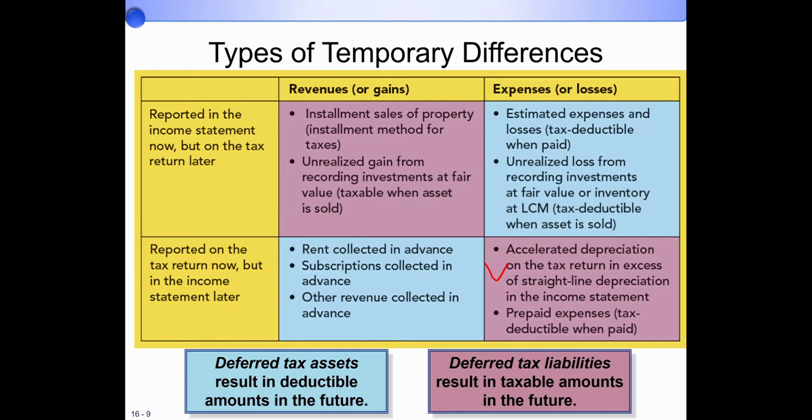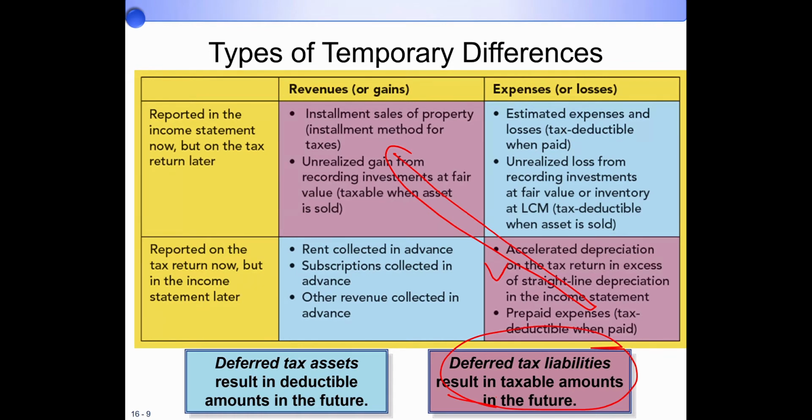That makes the taxable income less than accounting income. So in both situations, you can see accounting income is greater than taxable income. That's why we have the future taxable amount. Some amounts won't be taxed right now, but will be taxed in the future. And then you have liabilities, which we call the deferred tax liabilities. So you can see those purple colors here are the ones we call the deferred tax liability issues.